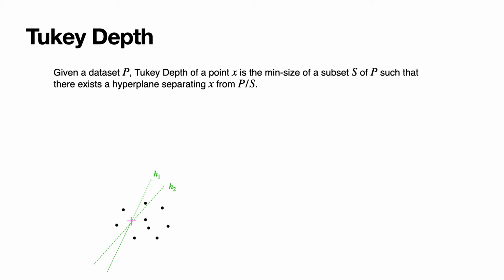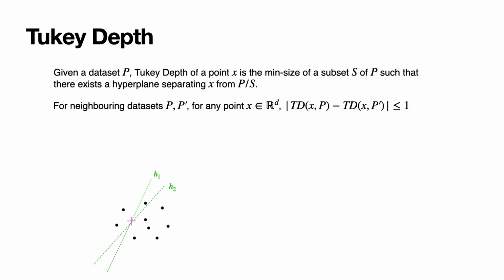Note that by adding a single data point, for any hyperplane, the number of points separated from the dataset differs by at most 1. So, the sensitivity of Tukey depth is at most 1.